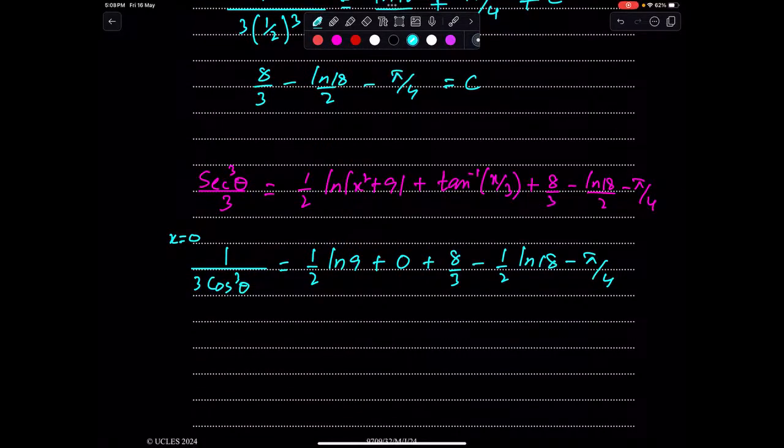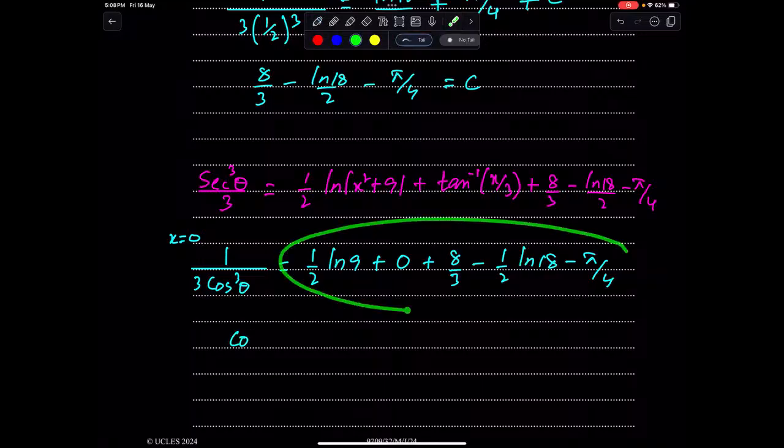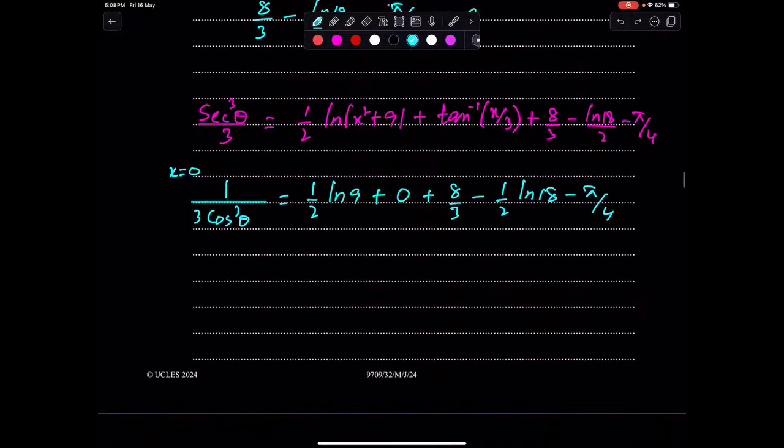Now use your calculator to get the value of this entire thing, and then multiply the result by 3. Do this calculation very carefully. I'm writing the value of cos theta directly. You can manage this with the help of your calculator: 0.601. Make sure your calculator is in radian mode.